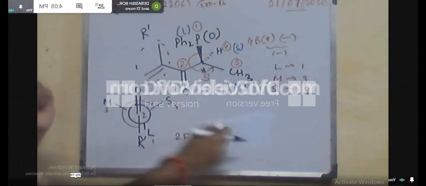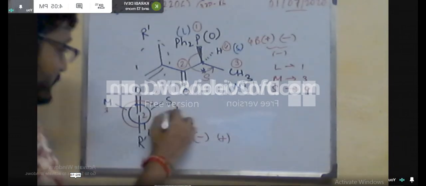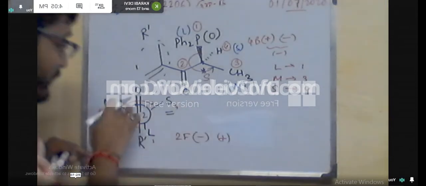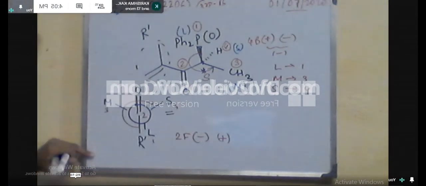This position will be 3 and this group will be 4. Now here you can find the back carbon, that means 2B plus, we know the convention. Now rotation of the rest of the 3 groups, that means 1, 3, 4, is anti-clockwise rotation. So that means minus. So minus into plus is minus.